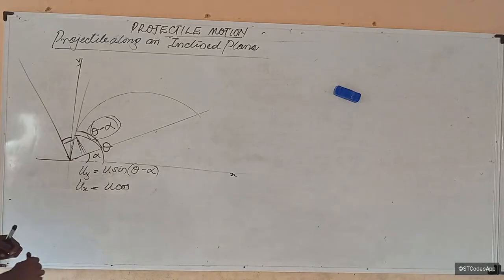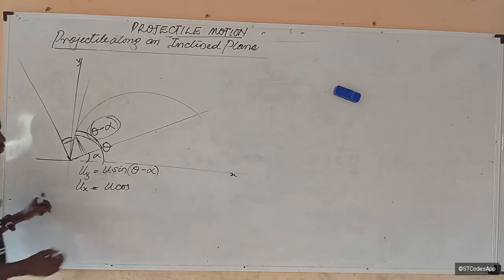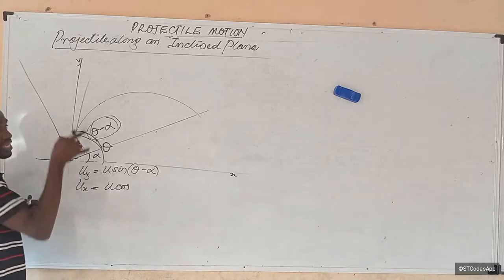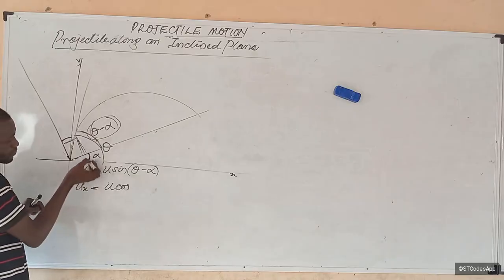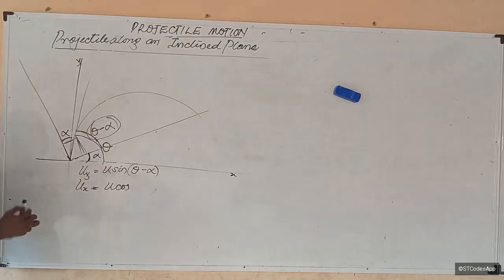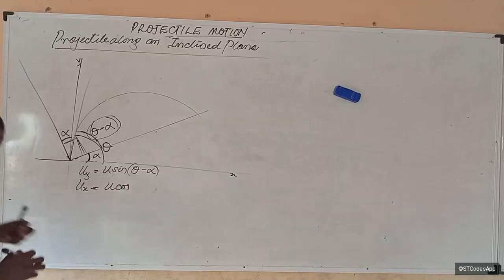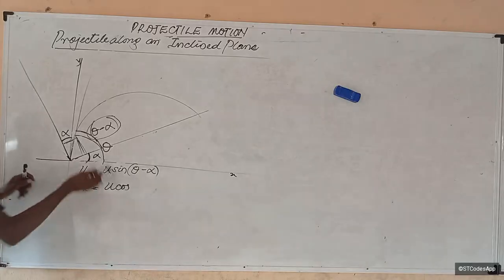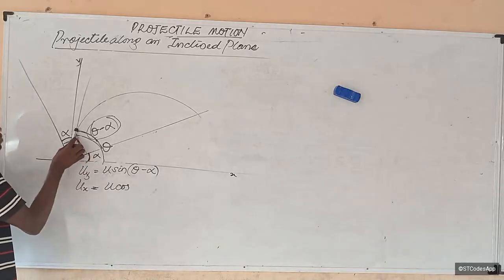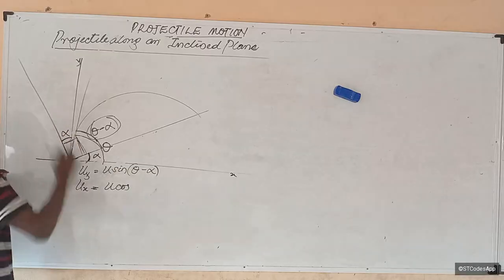Now, if we do the math, actually, I think I did that in the other video. So we find that this angle is actually the same as this angle here. In like manner, if I now want to resolve this to the vertical, this is my new vertical to this plane.